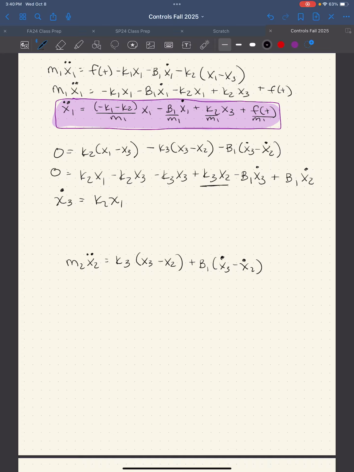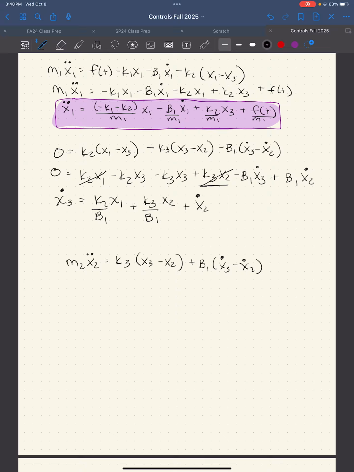Got this one, and that's an x2 dot. And I need to divide by b1. Okay, so plus k3 x2 over b1. So that's that term and that term. And then plus b1 over b1 x2 dot.